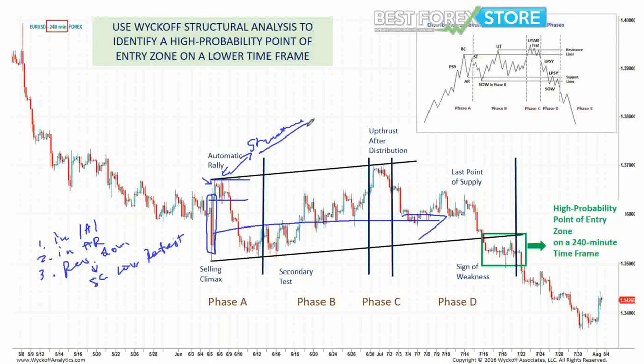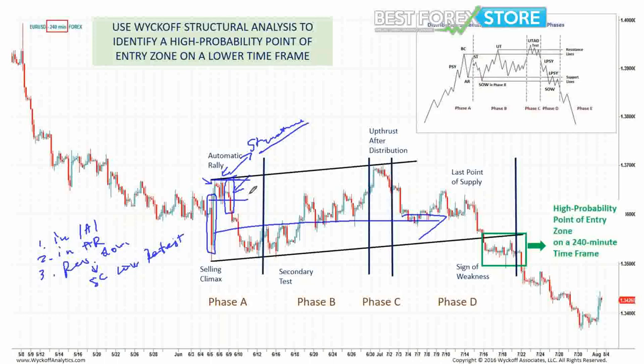on the much smaller time frame, let's say 1 hour, 30 minutes, 15 minutes. And we would be looking for the phase analysis and the structure to be in phase C and D, and probably somewhere here in this area on a smaller time frame we would find a point of entry.